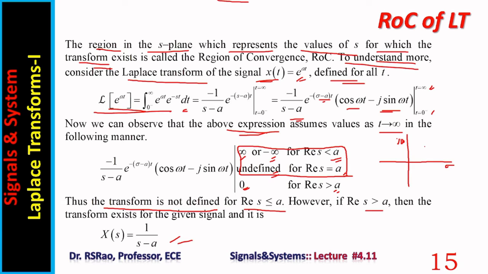A point in this plane represents a specific value of s. As it represents different values of s, it is called the S-plane. ROC is a certain region in the S-plane like this.